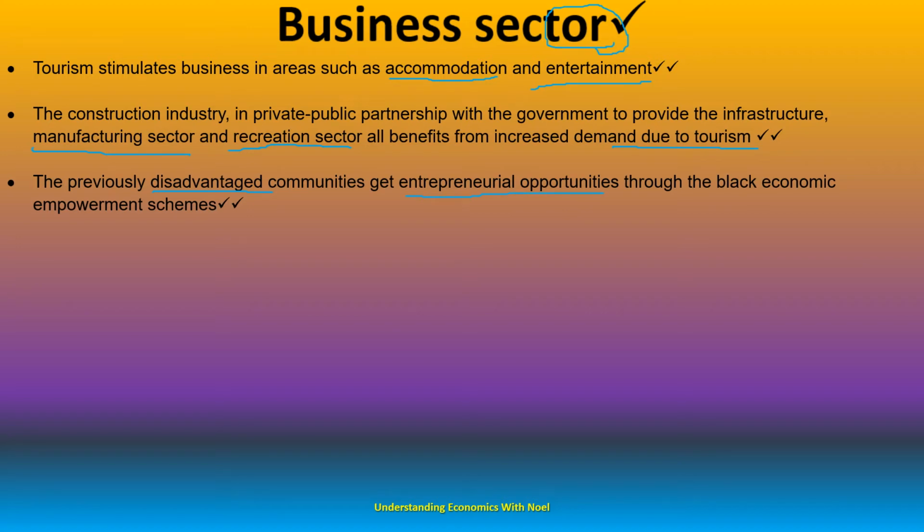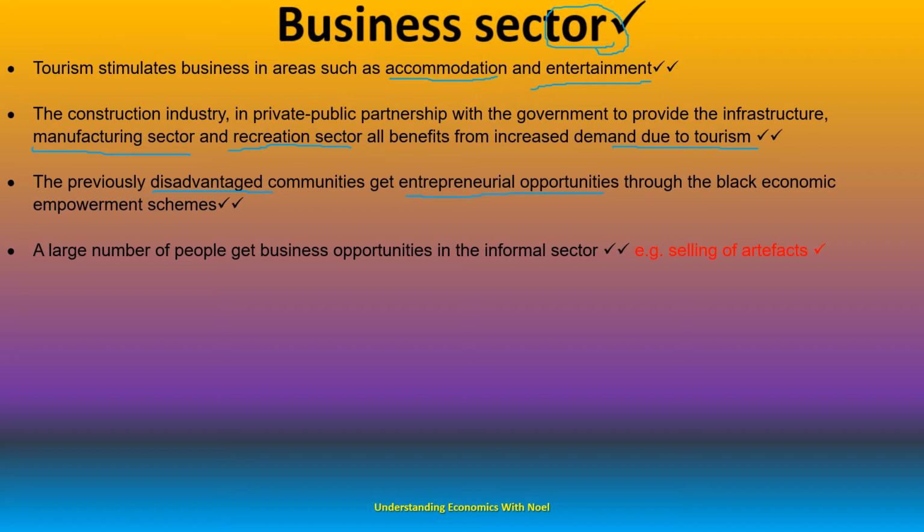And now this is where we can actually say that black economic empowerment is working. We have been evaluating, we have been told about the successes and the failures, but when it comes to tourism, it is important that we ensure that this policy is successful. A large number of people get business opportunities in the informal sector.